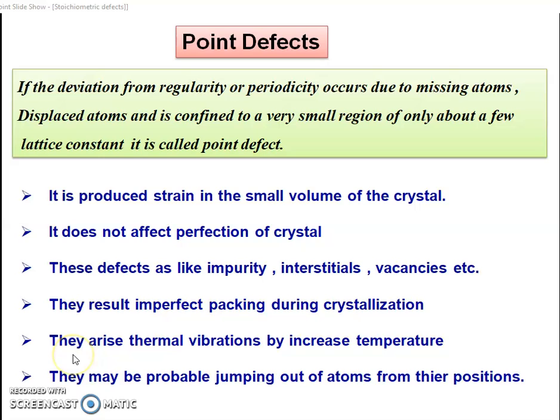Also, these defects arise from thermal vibration due to increasing temperature. Also, by increasing the temperature, atoms may jump out of their positions.